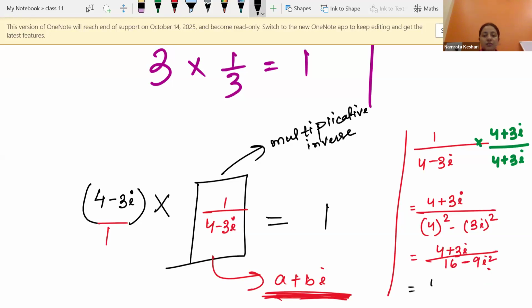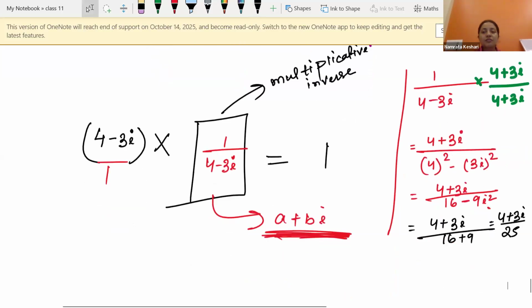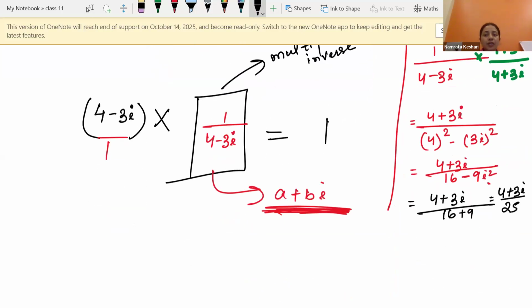So the numerator is 4 plus 3i and the denominator is 16 plus 9, which is 25. And we are done with writing it in the standard form. It can be written as 4 by 25 plus 3 by 25 i.